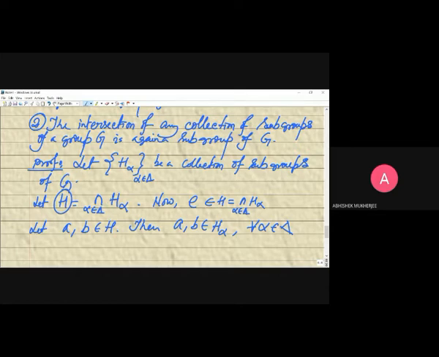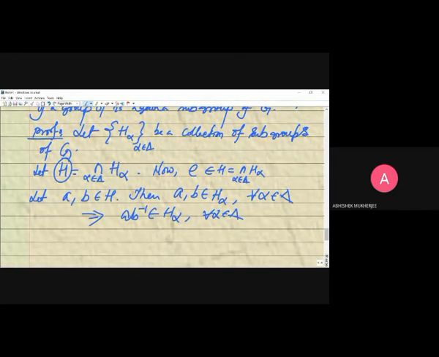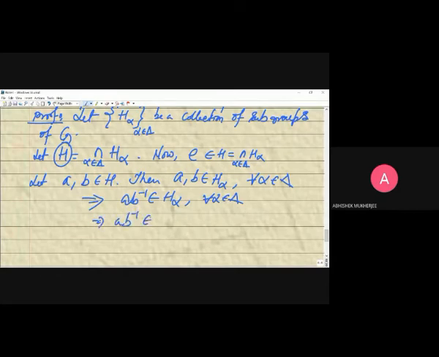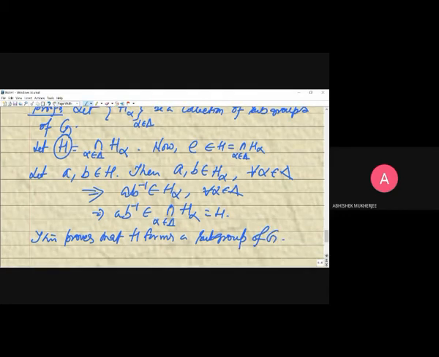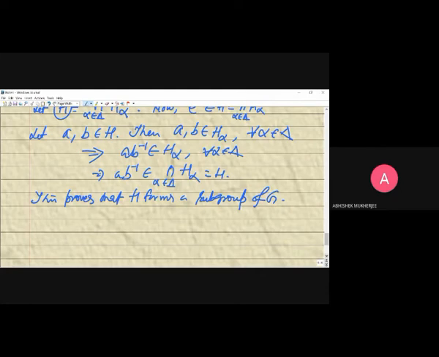Since H is the intersection of the H alphas, A and B will be lying inside each H alpha. So A, B belong to H alpha, and the H alphas are subgroups of G. So this implies A B inverse will be in H alpha for all alpha belonging to delta, and being in every subgroup H alpha, A B inverse is sitting inside the intersection of the H alphas, which is H. This proves that H forms a subgroup of G. You do not need to worry about the proof because the proof is very simple.